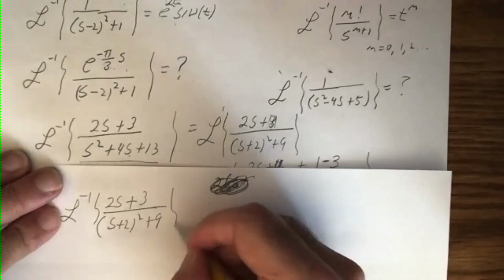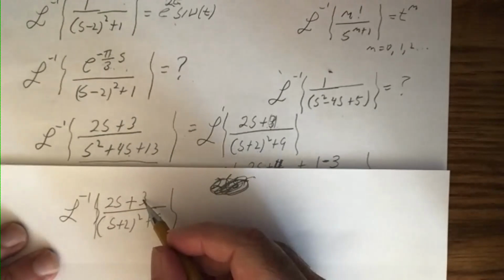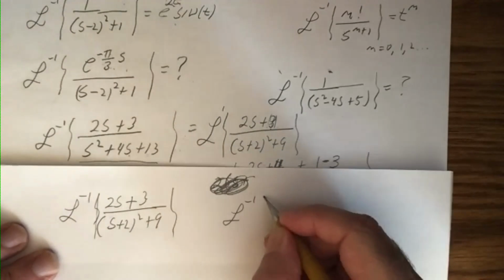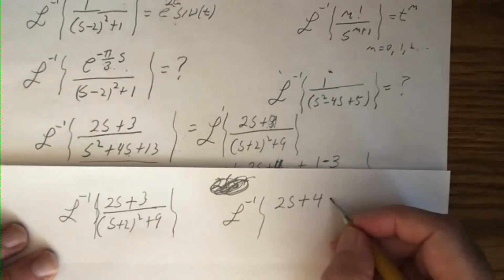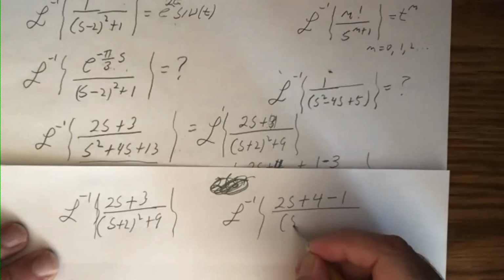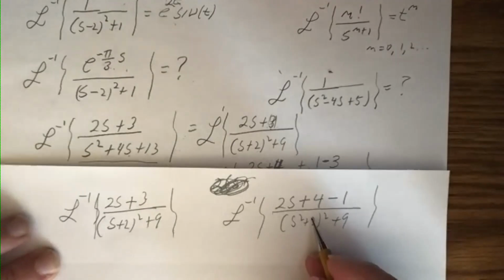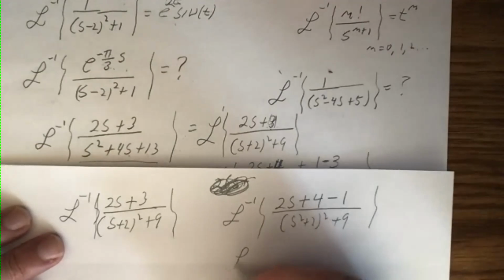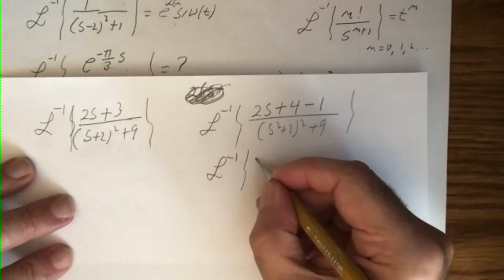Okay, sorry. I really want this to be a 4, so if this is a 4, I can make that a 4 and then minus a 1. Then I can factor out this 2.